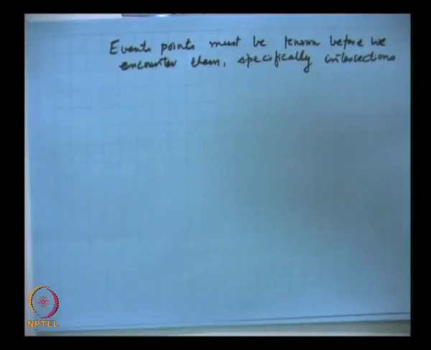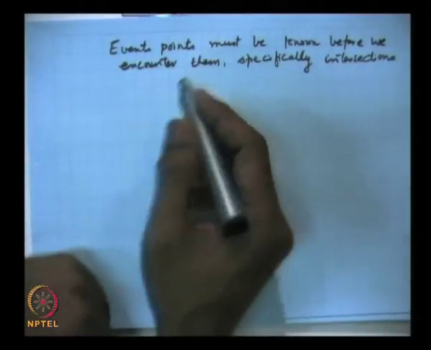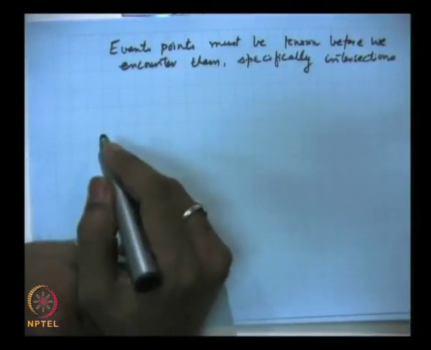The left endpoints and the right endpoints are known to us, right? And we want to sweep them in order of the x coordinates of these event points, because we are sweeping in order from left to right. So we need to somehow discover them before they get encountered.